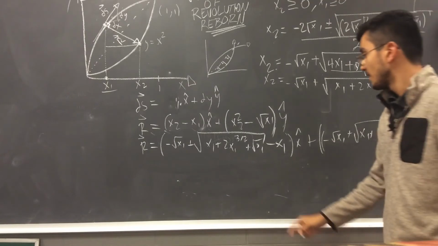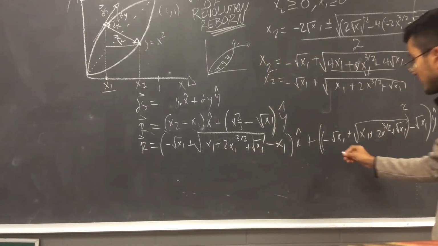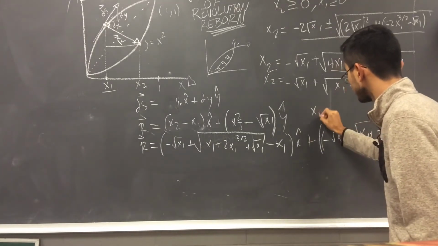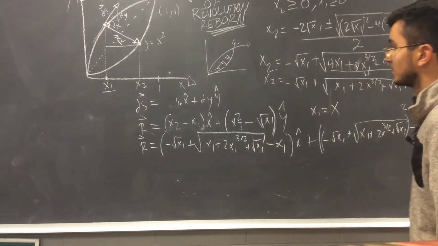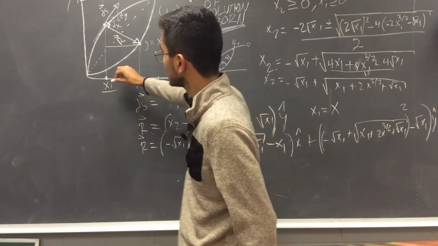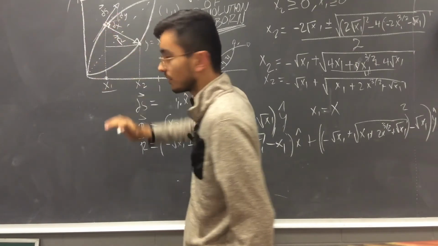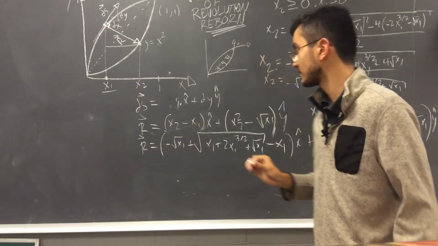Okay. Now, this is essentially saying that x1 is equal to x. So we're just going to say that x1 is equal to x for this case, since we're only integrating in terms of the curve. I'm going to show you what I mean by that in a second.